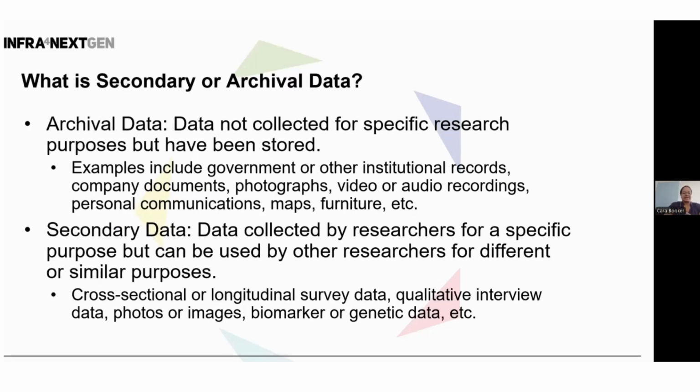So what is secondary or archival data? Well, archival data is data that hasn't been collected for a specific research purpose, but has been stored. So some of these examples are government records, other institutional records like medical records, company documents, photographs, videos, audio recordings that are not specifically for research, things like personal communication.